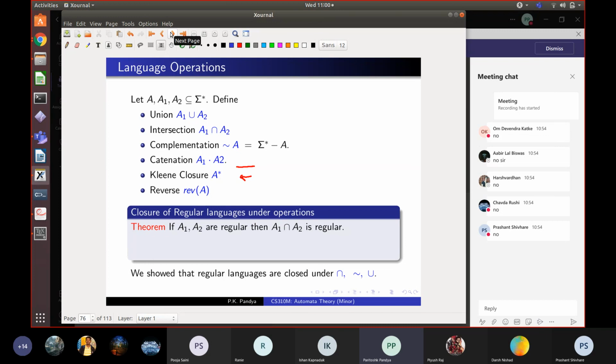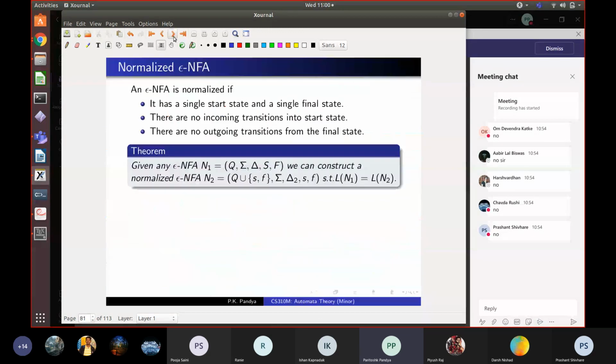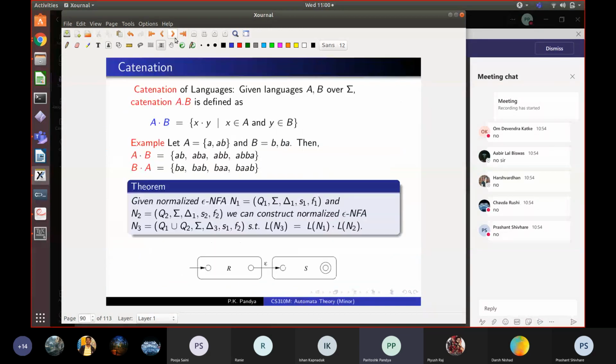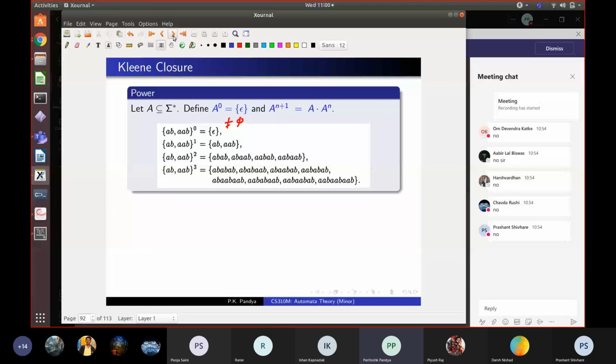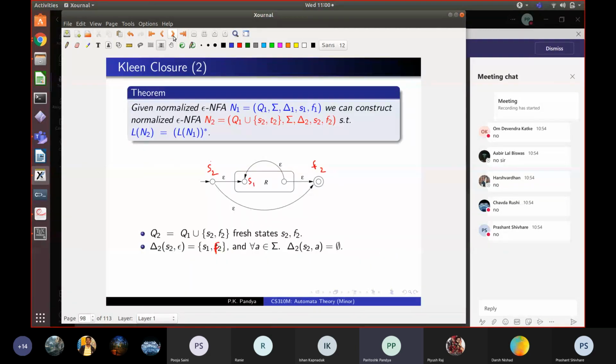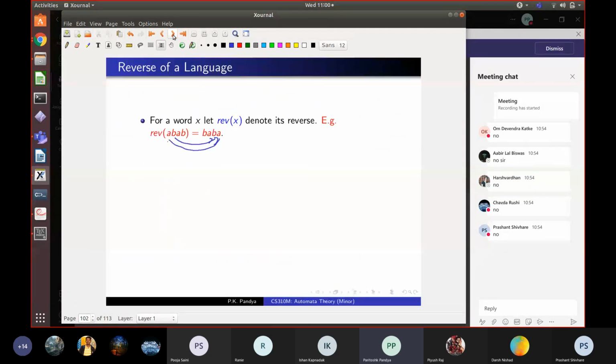So you have this ability, and there are well-known tools and libraries available which you can directly use to check these problems. These methods have already been implemented in some well-known libraries, and today we have the ability to solve these problems at some scale. So I hope you got some flavor of how to build complex automata and how to analyze them. That is what we have done today.